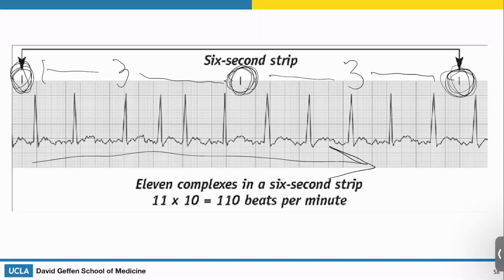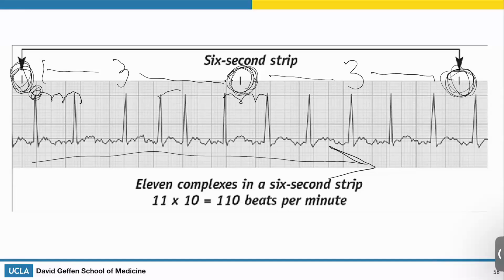Now you have to calculate an irregular rhythm a different way. And the reason is because, let's think about doing the box method here. I found this one is pretty close to that big box. And if I do 300, 150, 100, so it's a little more than 100, maybe like 120. But if I do it here, 300, 150, 100, that one's pretty close.